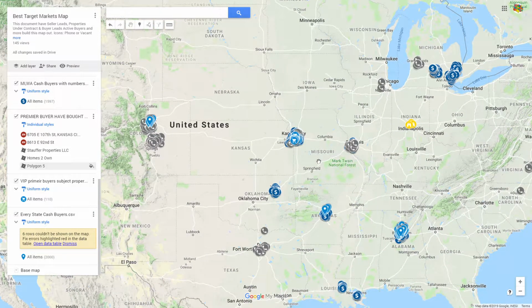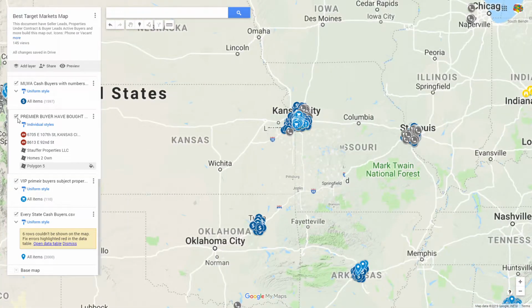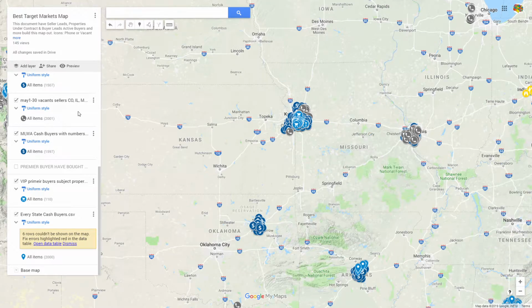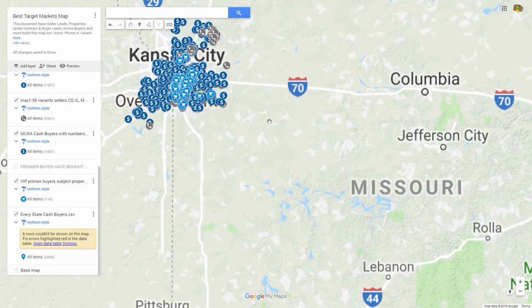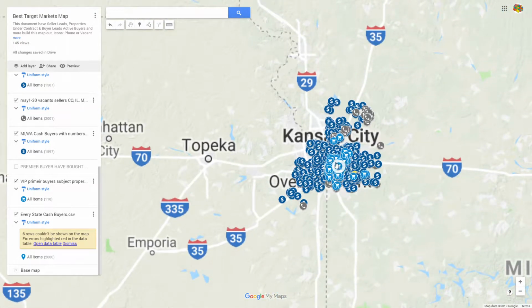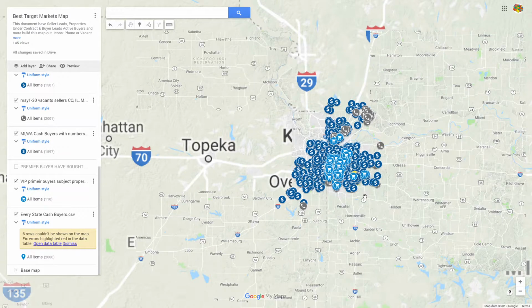This is, I think, an update. Our marketing manager actually uses this document right here to identify certain areas for our people to know when they're marketing, so they can go into the right location.